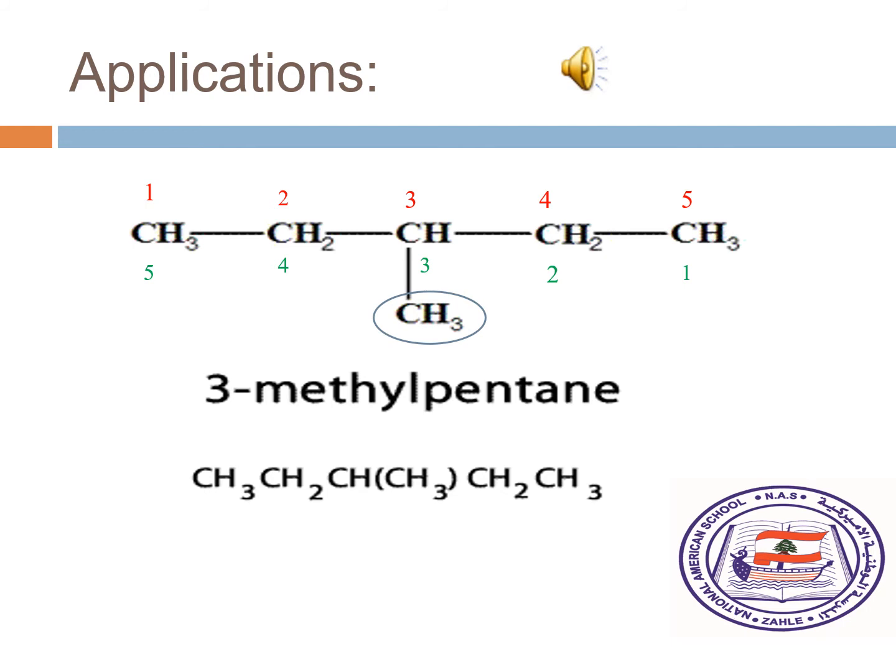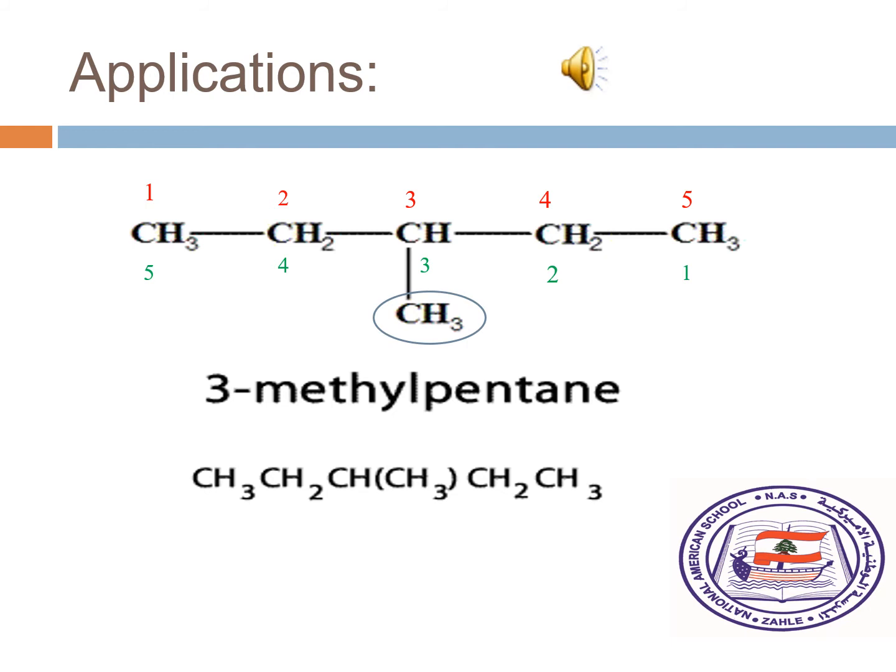Now, we need to number the chain in a way to give this branch the smallest number possible. We have numbering from left to right and from right to left. Left to right is done using the red numbers, and right to left is done using the green numbers.